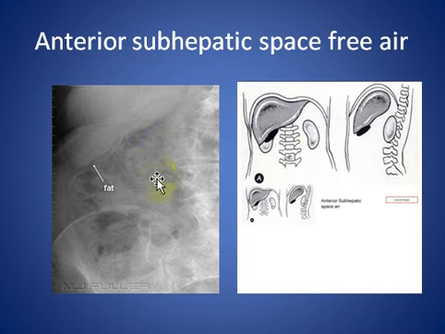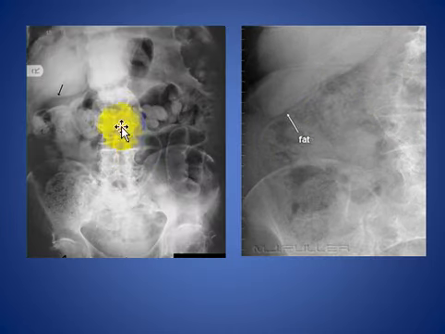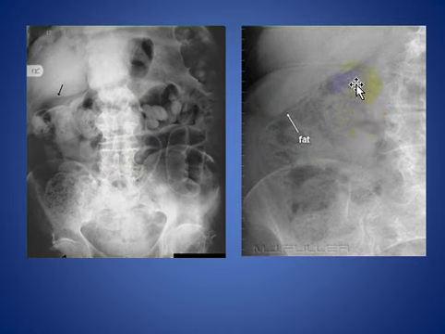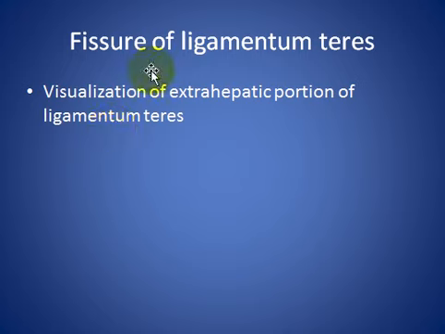As we see here, this is the fat. We should differentiate the fat from the subhepatic free air. As in this patient, we see the fat here and the air in the subhepatic area due to pneumoperitoneum.